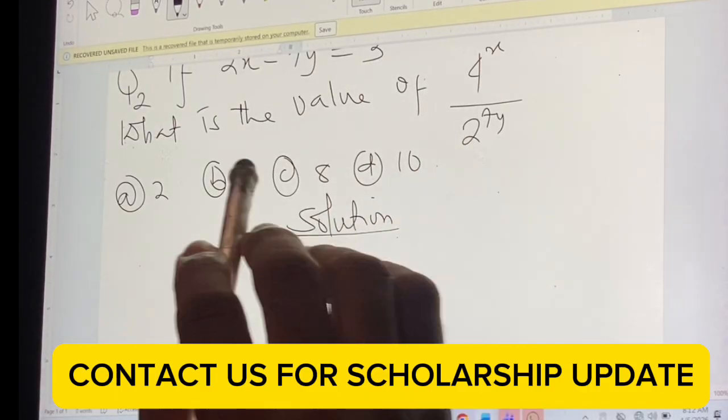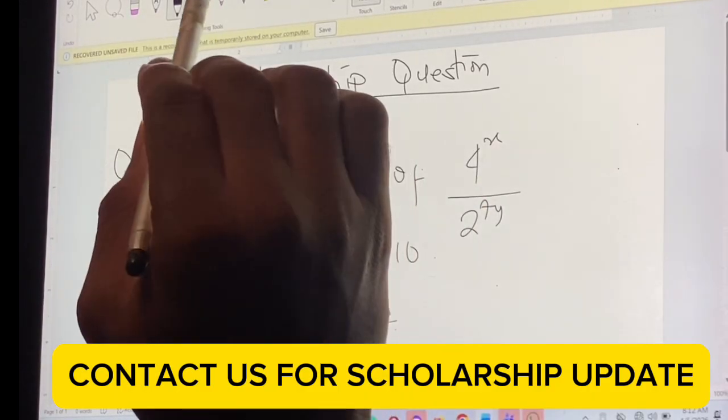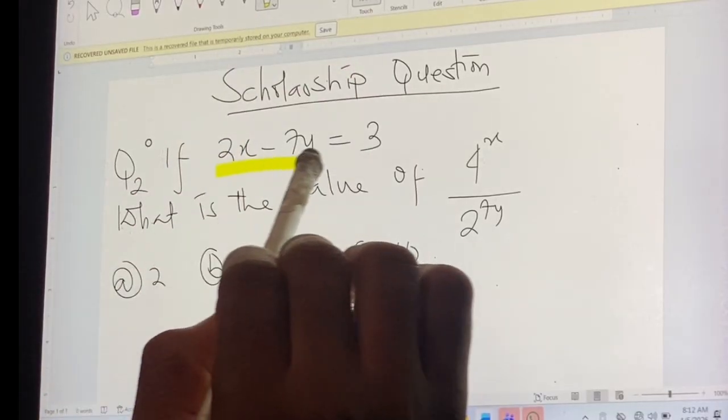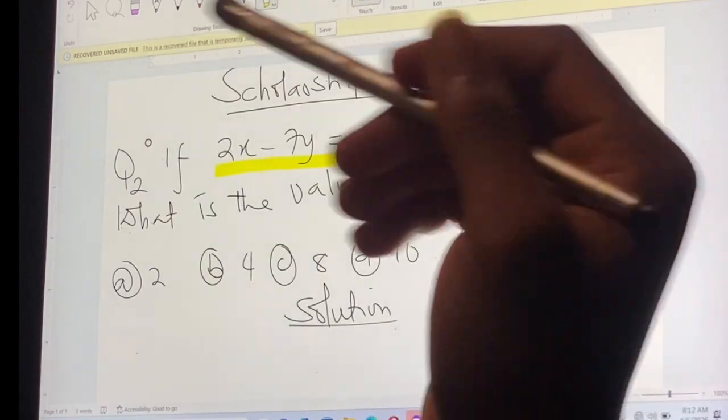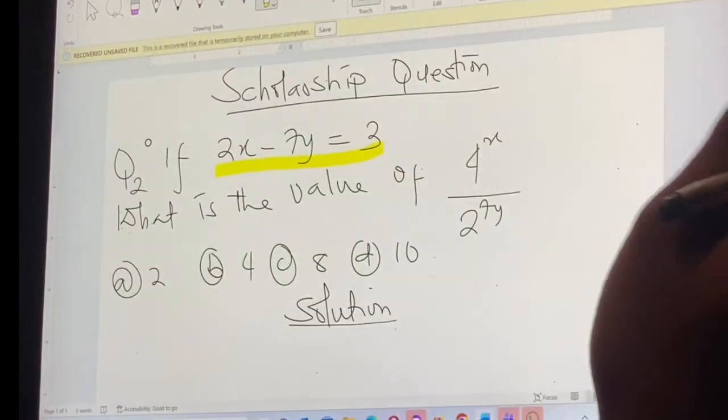Of course, from this equation here, we can't solve to get s and y because we are not given a second equation. So we can only solve s and y if we are given a second equation in terms of s and y. So at this point here, we can't express this from the equation. Okay, nothing else to be done in this equation.